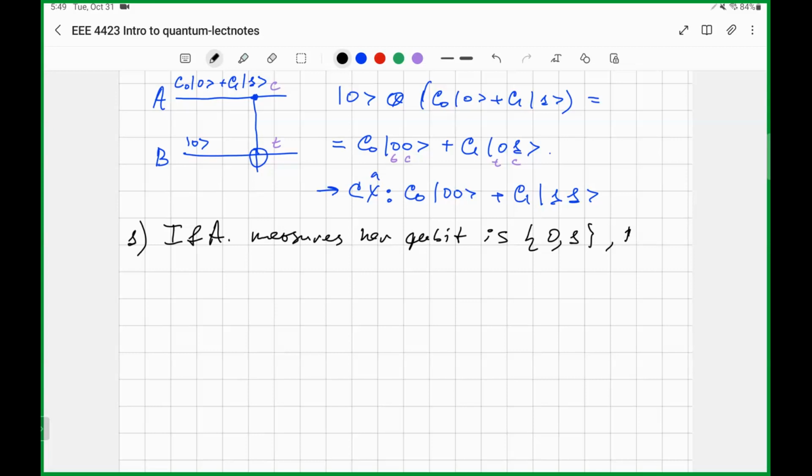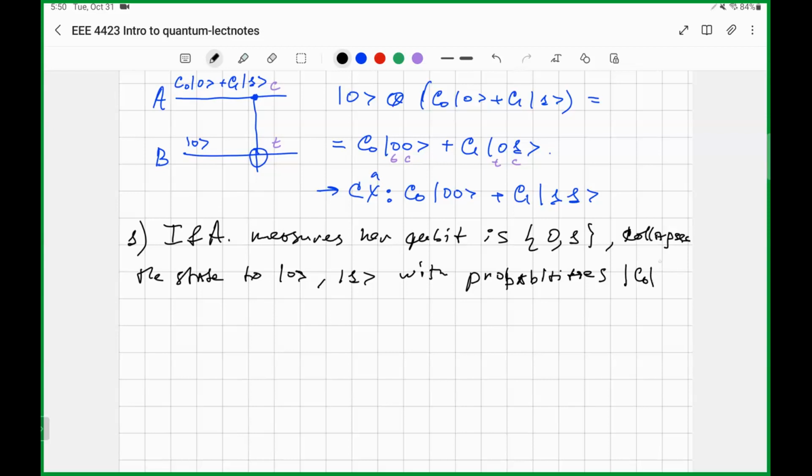So it collapses the state to either 0 or 1 on Bob's side, with probabilities modulus C0 squared and modulus C1 squared.